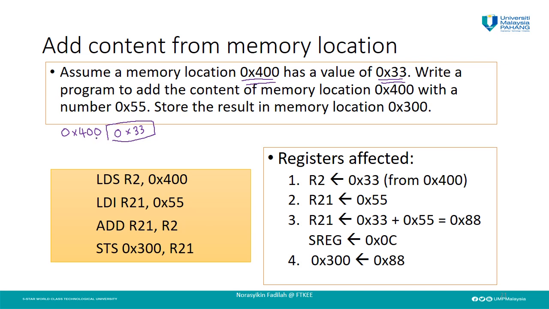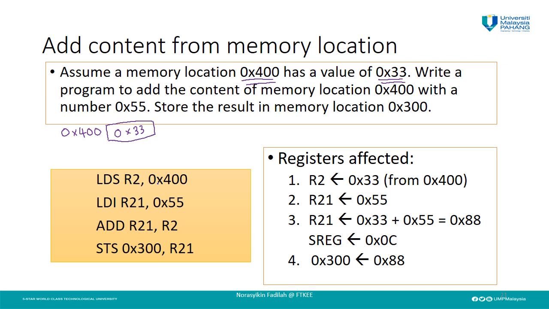So when we want to add something from the data space, we must load it into a register first before doing the addition. So first we need to load from the address 400 into register 2.